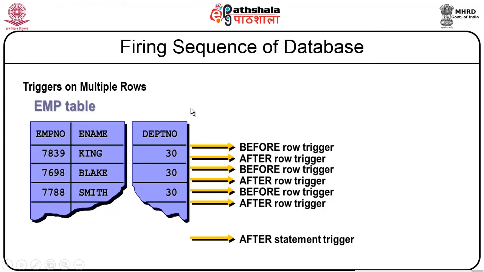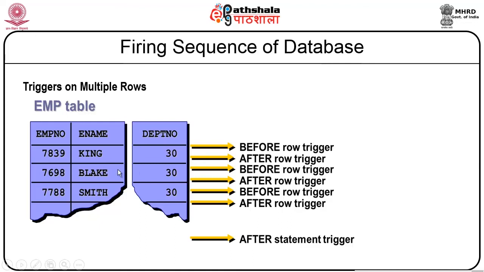So, there can be a before statement level trigger, and after completion of the entire relation there can be an after statement level trigger. Whereas, when I insert every record, there will be a before row trigger, and after having inserted there can be an after row trigger.